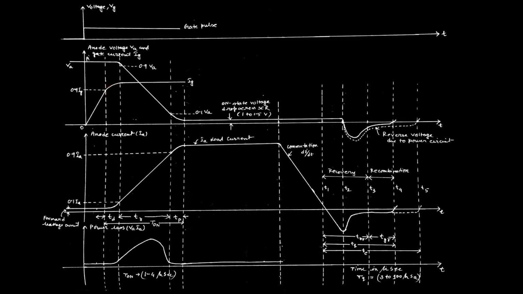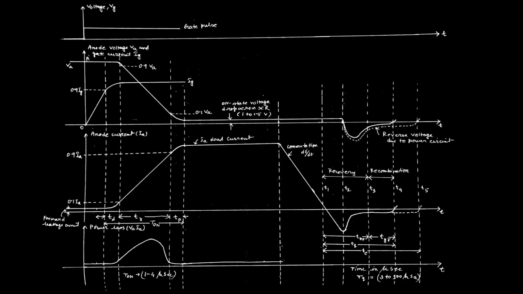That means when the gate current rises from 90% of its initial value to 100%, in this region the anode current starts rising. Once the anode current starts flowing, the anode voltage starts falling as the anode current increases. That means the turn on process is initiating.